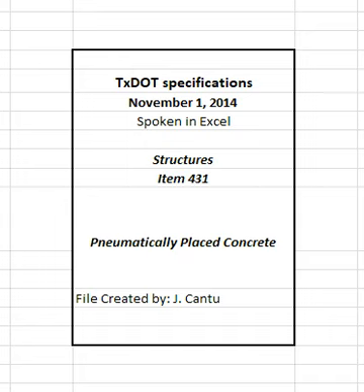5 Payment. When pneumatically placed concrete is specified as a bid item, the work performed and materials furnished in accordance with this item and measured as provided under Measurement will be paid for at the unit price bid for pneumatically placed concrete, encasement, or for pneumatically placed concrete, repair.